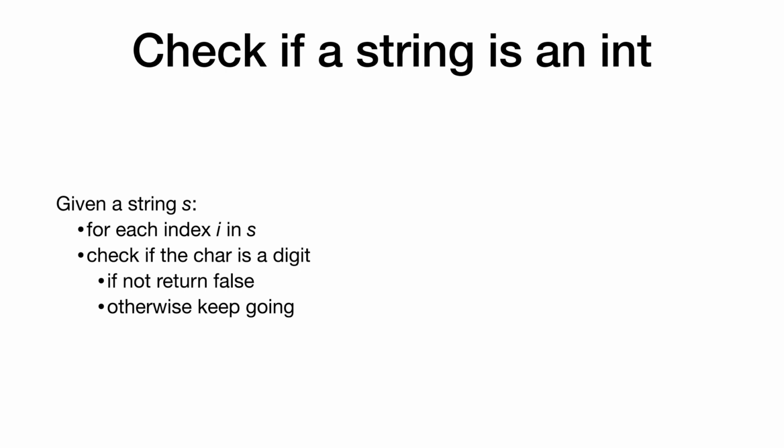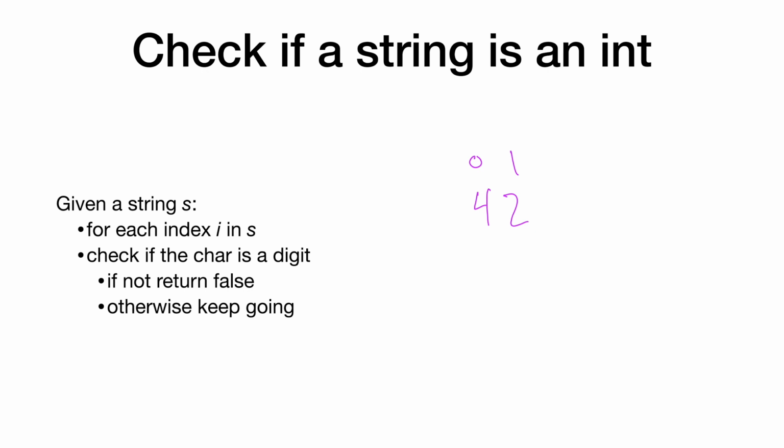So we're given some string S, and for each index I in S, we want to check if the character at I is a digit. If not, we're going to return false. So here's one example. We're given, say, 42, and I is 0 and 1.